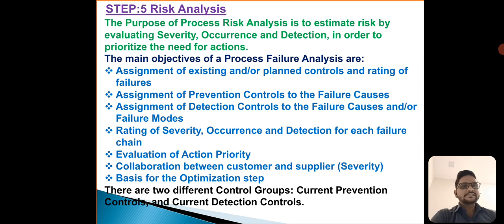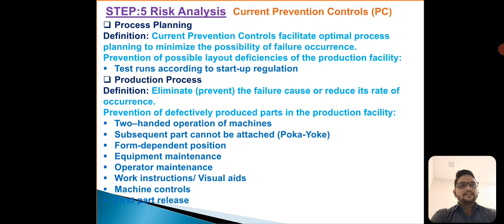Now in risk analysis, the purpose of risk analysis is to estimate risk by evaluating severity, occurrence and detection. What are the current prevention controls? In process planning, current prevention control facilitates optimal process planning to minimize the possibility of failure occurrence, means prevention of possible layout deficiency of the product facility.